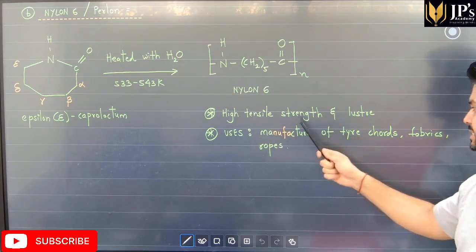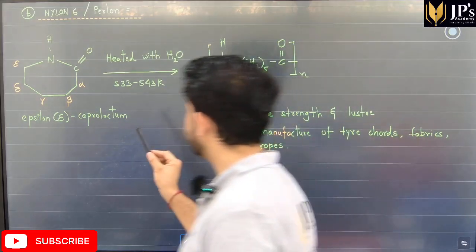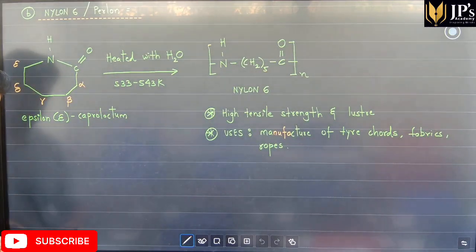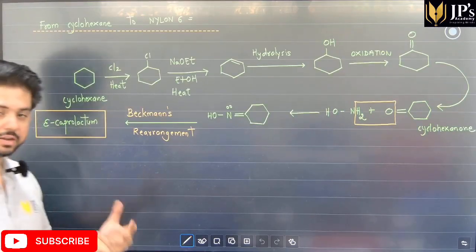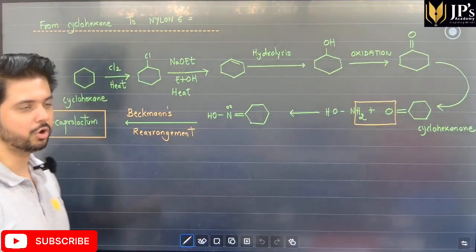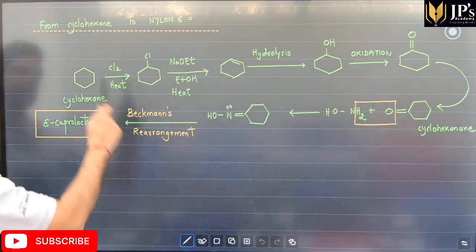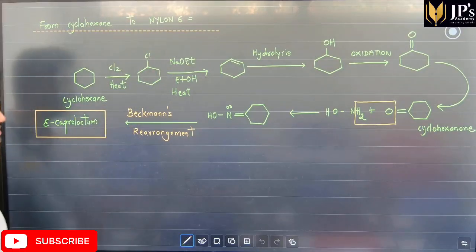It has high tensile strength, has luster, and is used in the manufacture of tire cords, fabrics, etc. Now students, this epsilon caprolactam, I'm very sure that students have learned the preparation of epsilon caprolactam in reaction mechanism, and also in their class 12 organic chemistry. We'll understand how you go from cyclohexane to nylon 6.